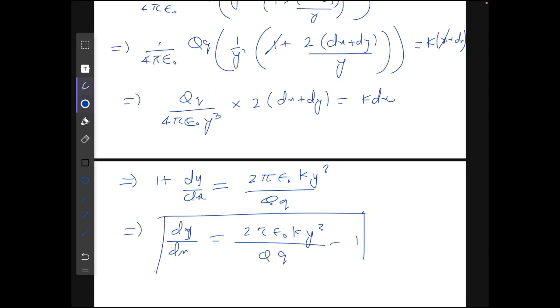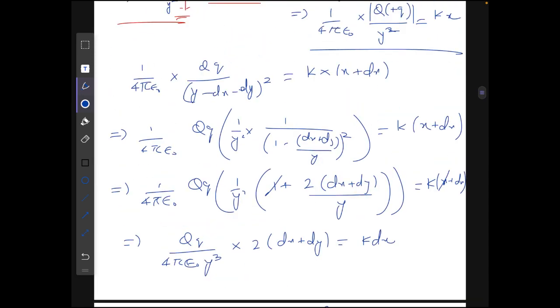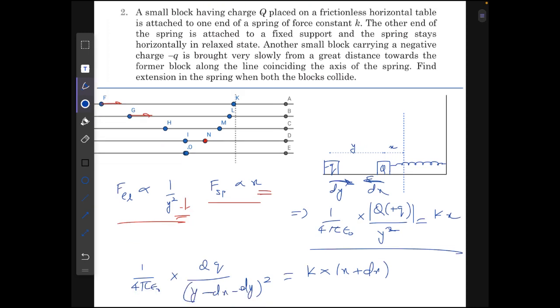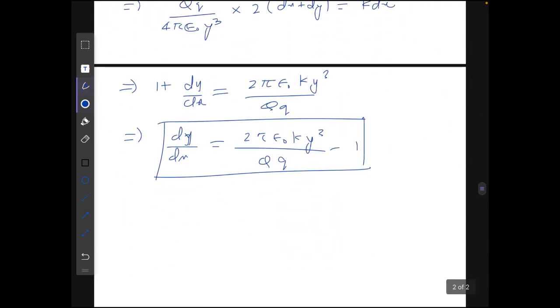What we need to observe is that when we displace the negative charge by a distance of dy, the positive charge comes by dx. After a certain extent they will just collide, so dx will tend to a very large value even after a small displacement dy. So dx by dy will tend to infinity, or dy by dx will tend to 0. That condition gives us 2 pi epsilon naught k y cube over q equals 1.